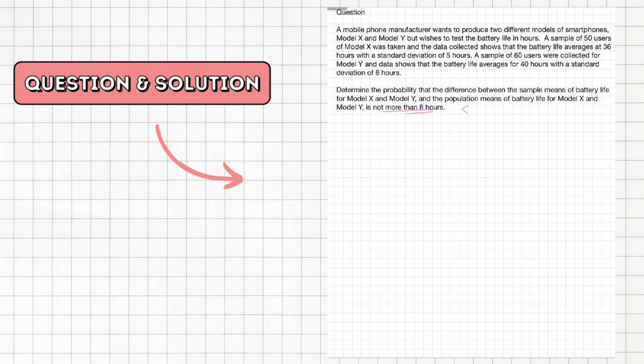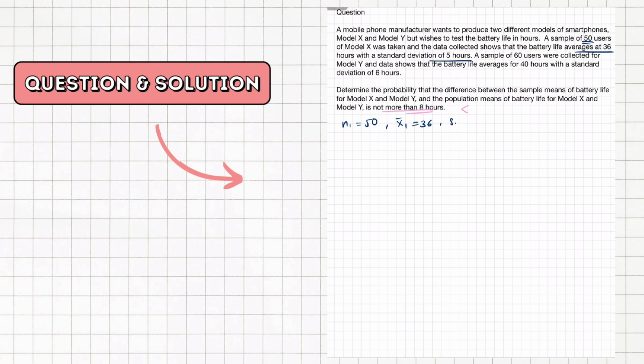So let's read along. A sample of 50 users would be N1 equals 50, averages at 36, the sample mean, which is X bar 1 equals 36, and a standard deviation of 5.